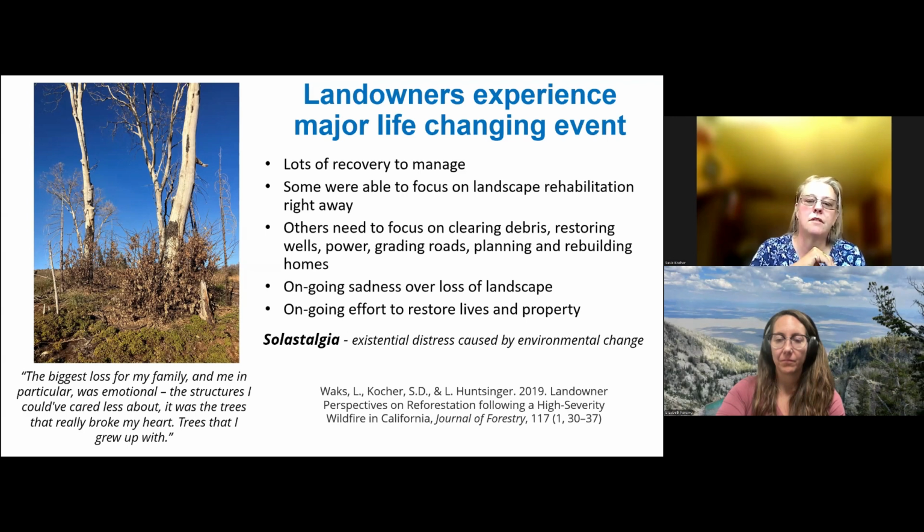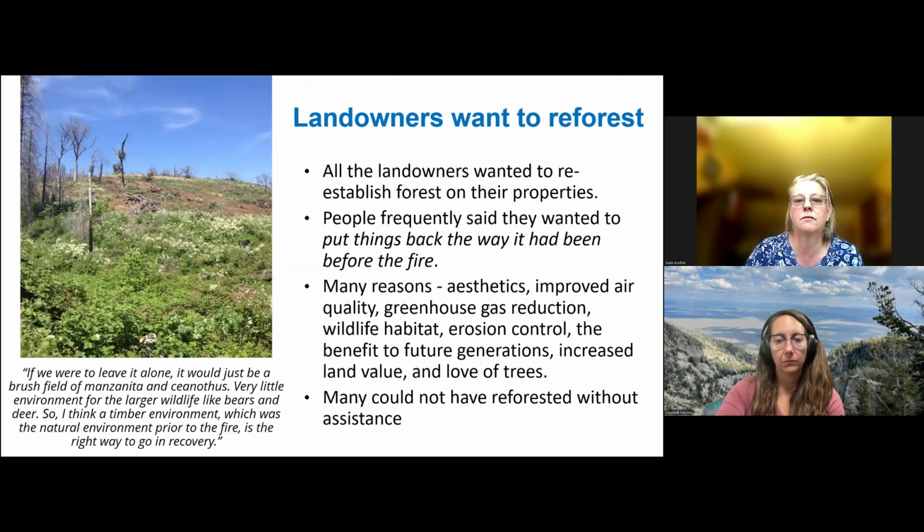And the quote on the left is from that study about the trees and how that was really difficult for people. The term that's been coined is solastalgia, which is nostalgia for the solace and comfort that the landscape used to afford. So that's a big reason a lot of people live in the forest. And so there's all sorts of emotional components of trying to recover from an event at the same time that you're trying to work on reforestation.